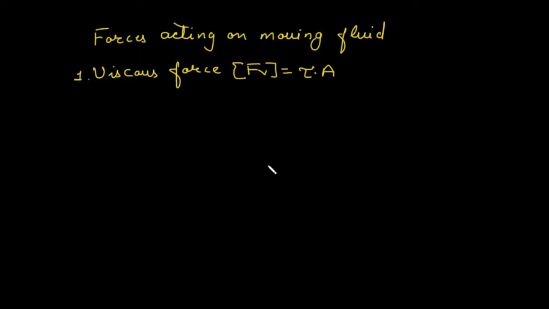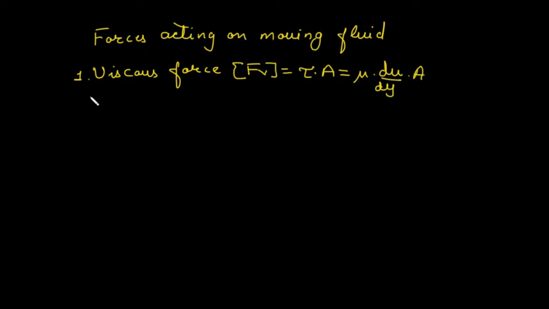Now this shear stress is given by Newton's law of viscosity as mu into du by dy, where mu is the viscosity of the fluid and du by dy represents the velocity gradient between the two layers. Now this is valid for Newtonian fluids. So we can find out the viscous force by this formula, mu into du by dy into A, where A is the area of contact or shear area.